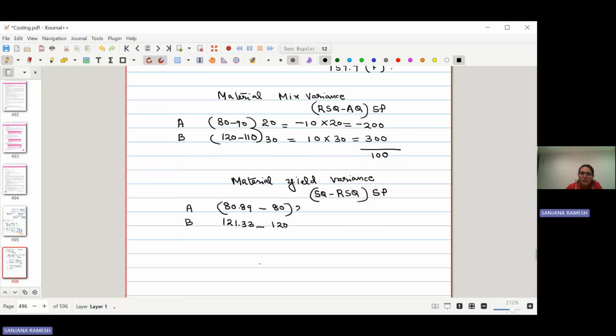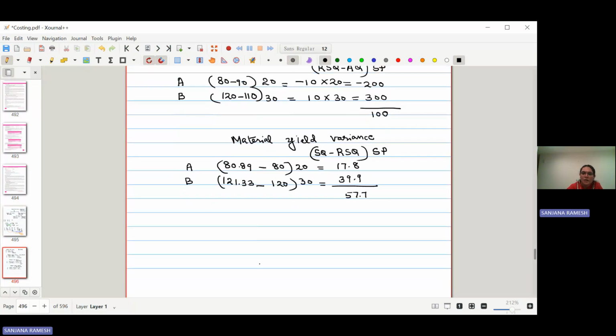Standard price is 20 and 30. Can do the calculation. It is 17.8 and 39.9. So when you add these two, you will get it as 57.7.